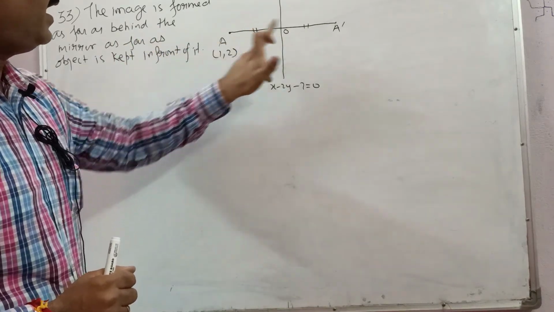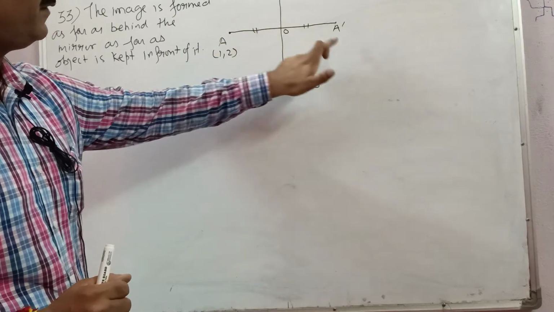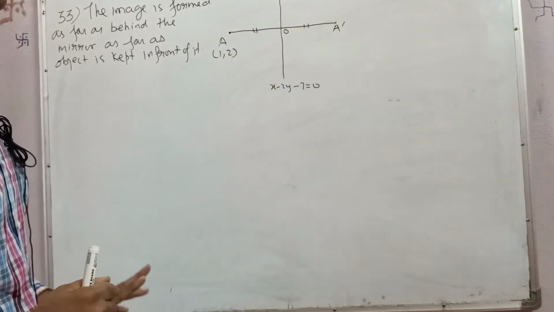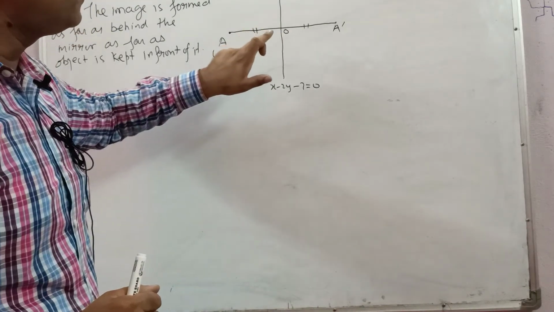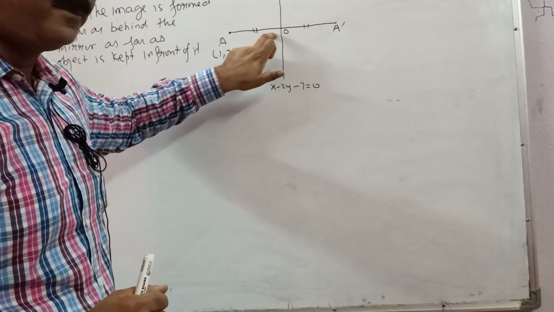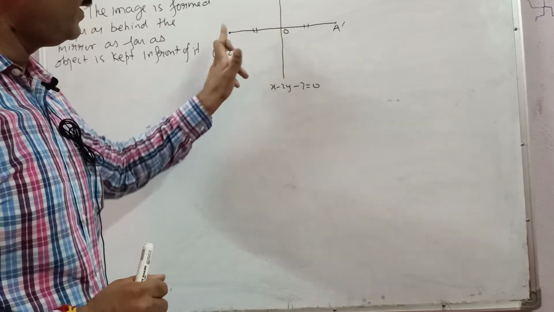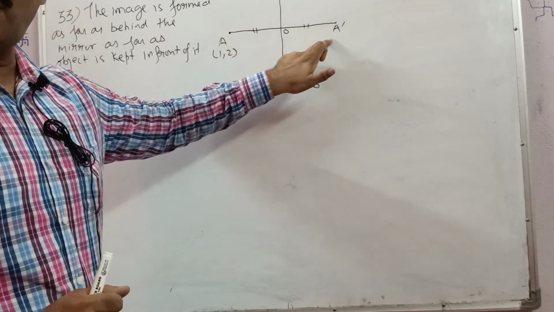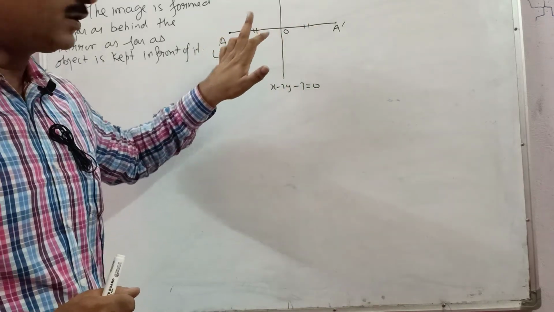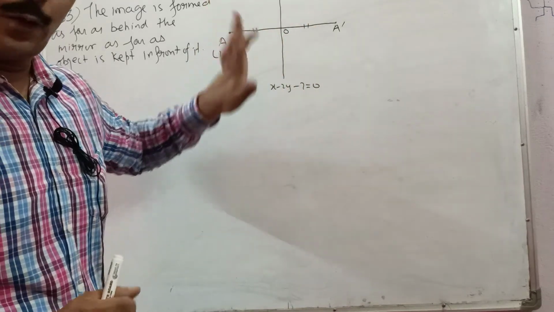Then O is the midpoint of AA dash, and we can easily find out the coordinates of A dash. So basically we need to find out the coordinates of this O first, the midpoint. For that we require the equation of AA dash. Then simultaneously we will solve these equations, we will get the coordinates of O.